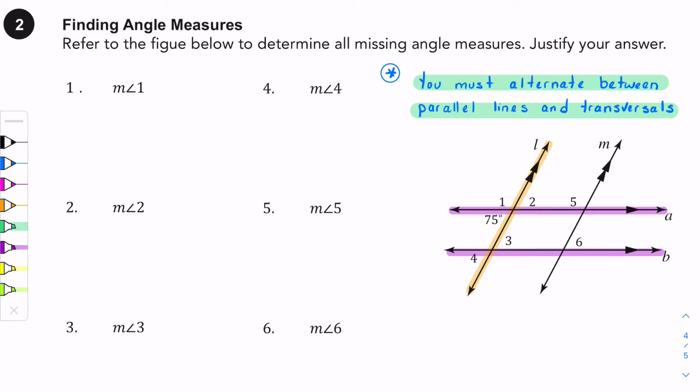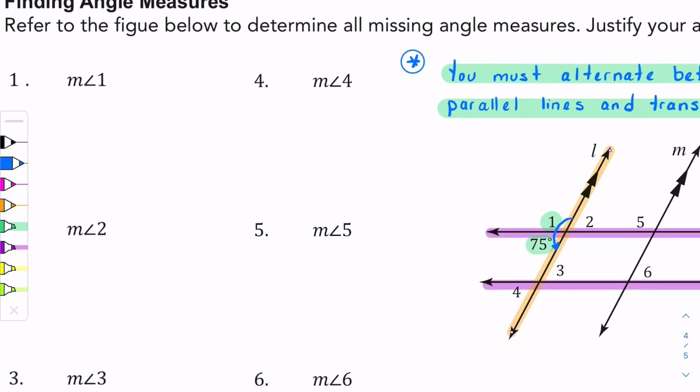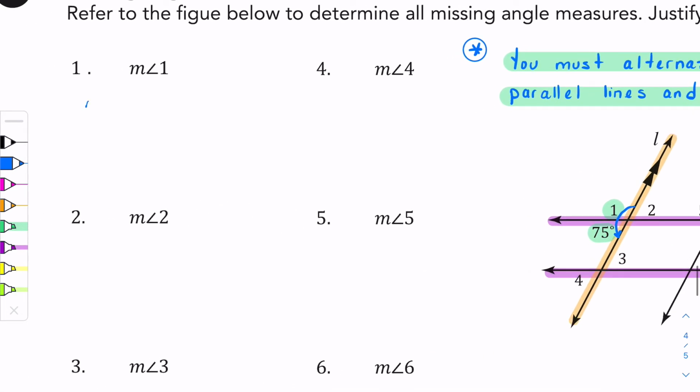So right here, we see angle 1. We see that angle 1 is right next to 75 degrees. Using what we learned in the previous class, angle 1 and 75 degrees form a linear pair. So a linear pair is going to allow us to solve for the measure of angle 1. We know that the measure of angle 1 plus 75 degrees is equal to 180.